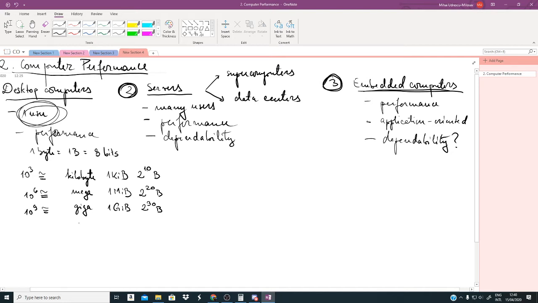So after giga, of course, there's tera, 2 to the power of 40, approximately this quantity in decimal. And after tera, there's peta, which we mentioned, right? 2 to the power of 50 bytes.